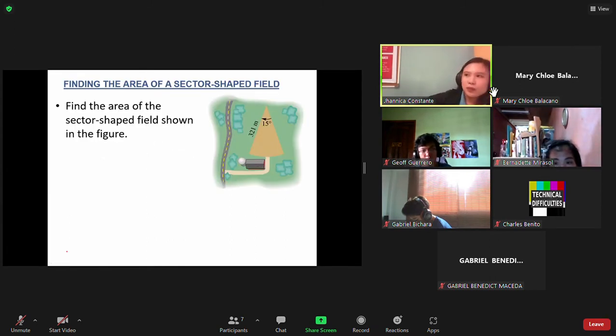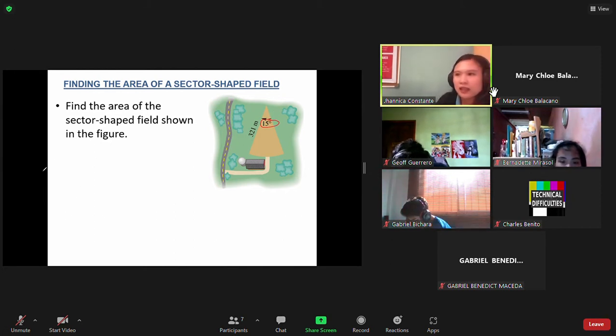For example, we have find the area of a sector shaded field shown in the figure. So in the figure, we have a shaded angle that has a radius of 321 meters and an angle which is 15 degrees. Since the angle is in terms of 15 degrees, we need to change it into radians.